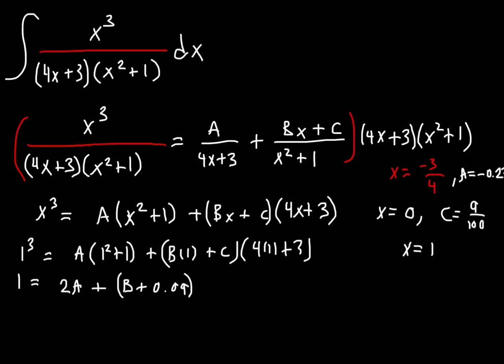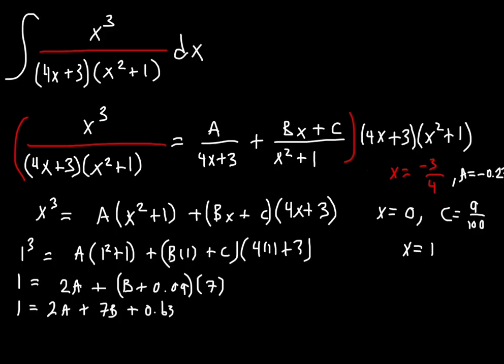0.09 times 7, times 4 plus 3 is 7. 1 is equal to 2a plus 7b plus, so 7 times 0.09 is 0.63.